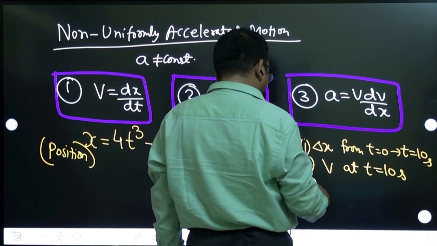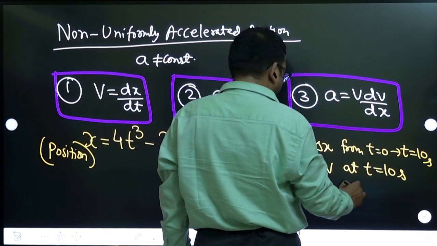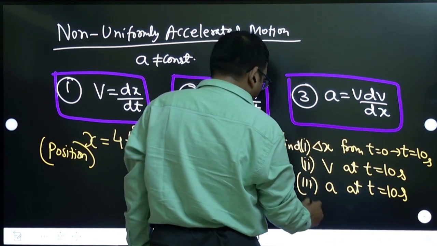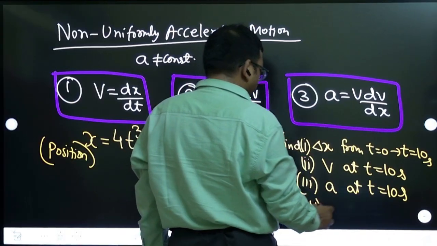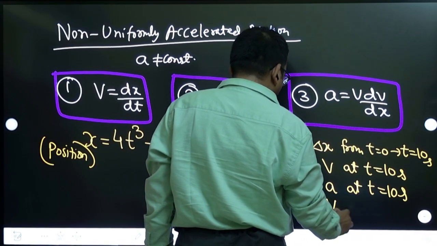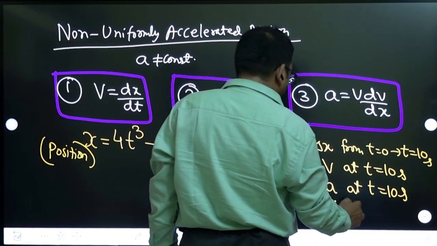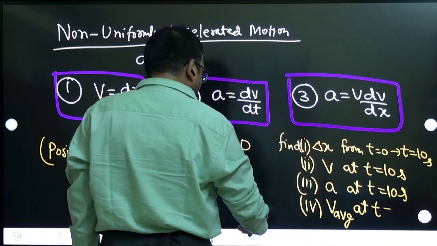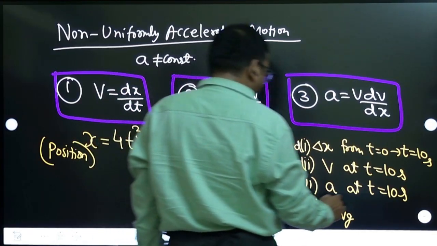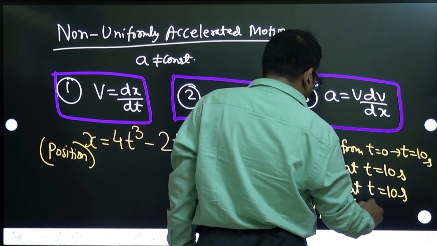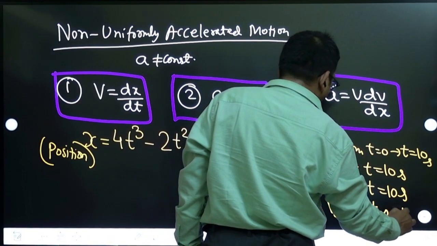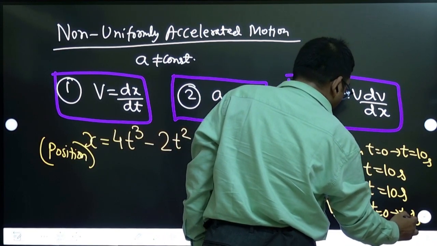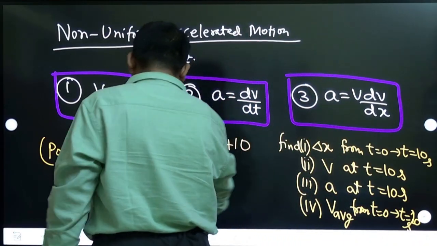Third part of the question is find the acceleration at 10 seconds. Fourth part of the question is find the average velocity from time 0 to time 10 seconds. Okay, same interval we are taking.